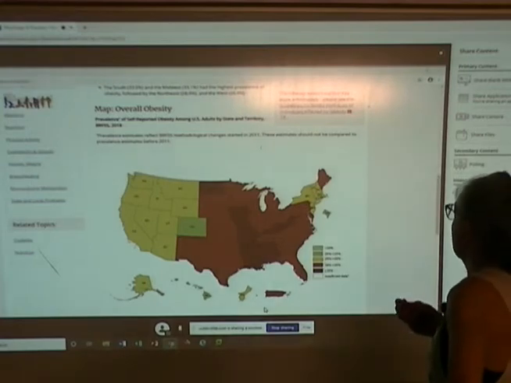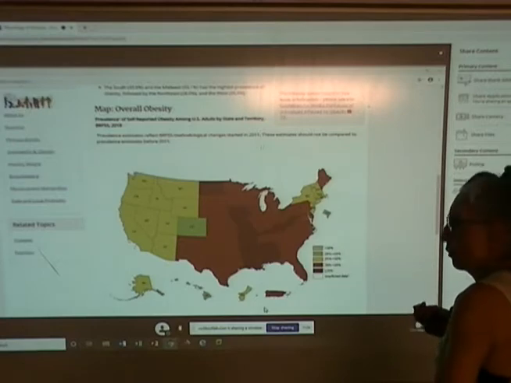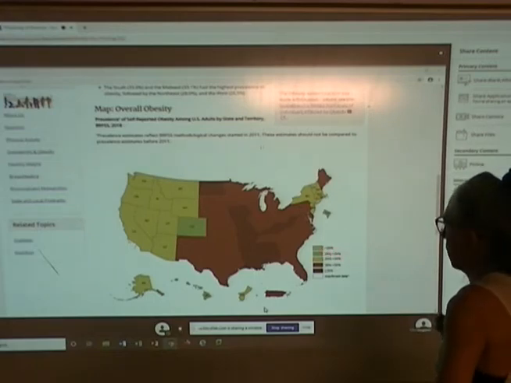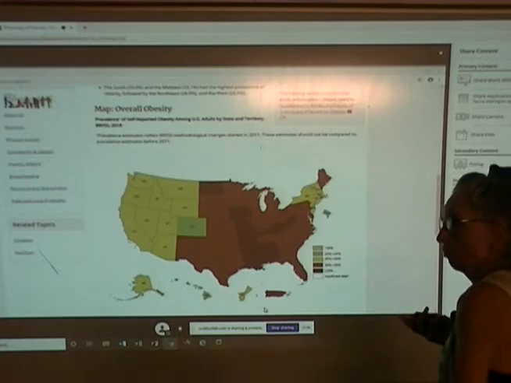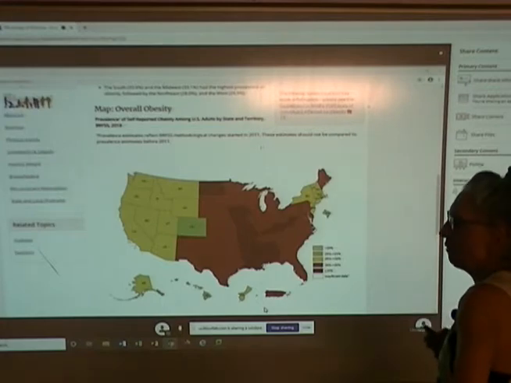Colorado and Hawaii and Washington, D.C. are the three least fat places to be. They are at 20 to 25% prevalence for adults. Okay. What do those three places have in common?